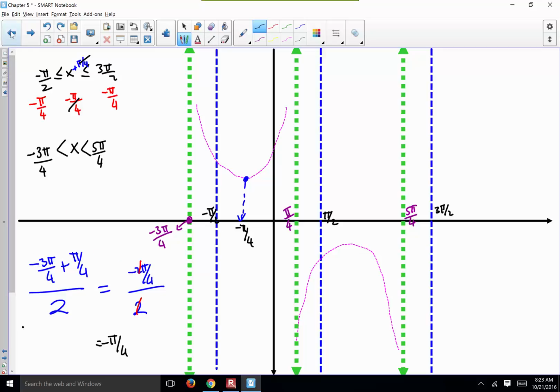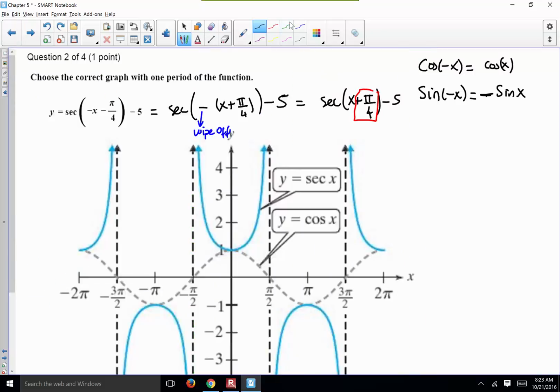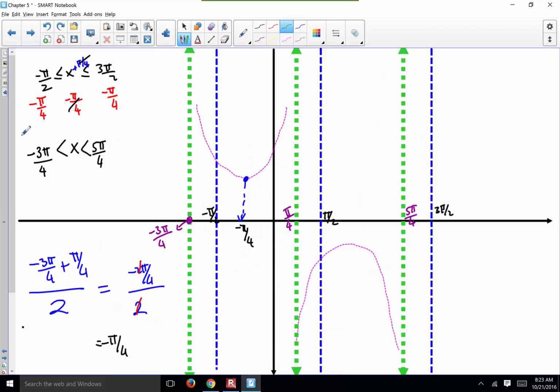So this was the transformation: pi over 4, left shift. What kind of shift does this make? Anyone? So all you need to do next is move this 5 down.